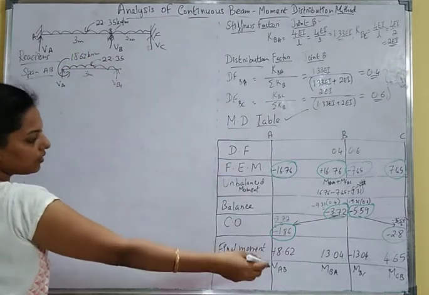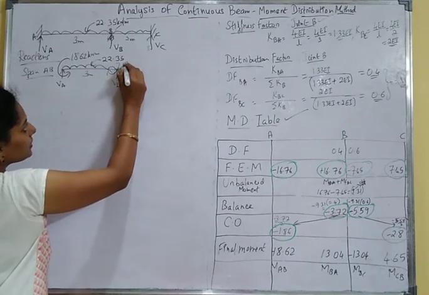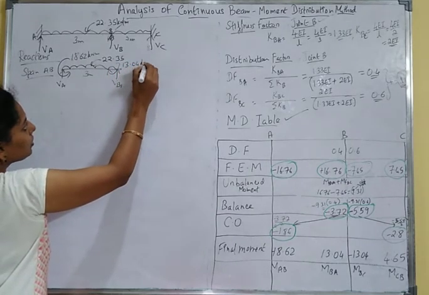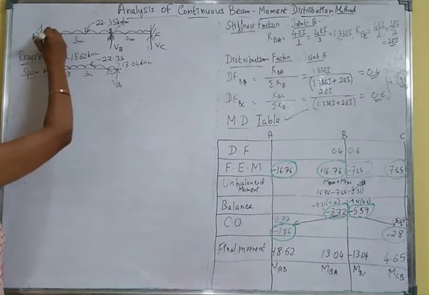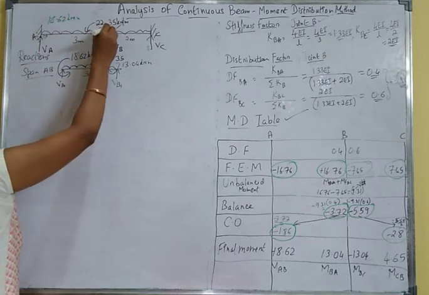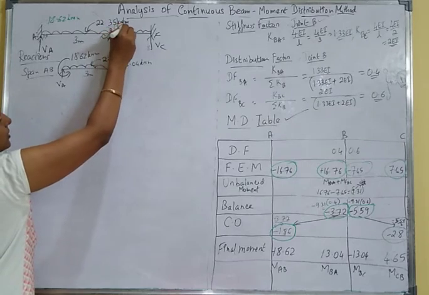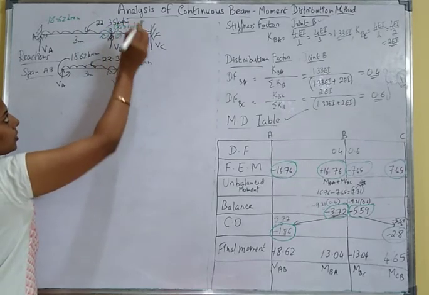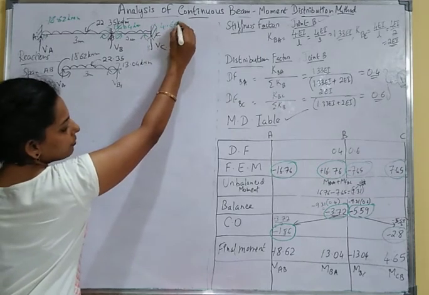Here you have clockwise, that is BA, 13.04. I'll just show here. This is anti-clockwise, so 18.62. Here it is clockwise, that is 13.04. Here it is clockwise, that is 4.65.